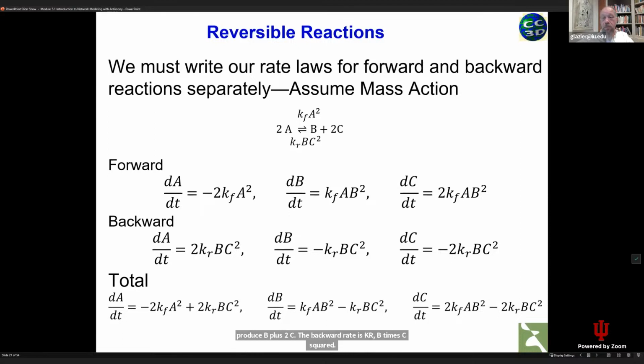I write the forward law for A, B, C, and the backward for A, B, C. I have to remember that for the forward rate, I consume 2 A's, I produce 1 B and 2 C's. And similarly, for the backward, I produce 2 A's, I consume 1 B, and I consume 2 C's. And I add everything up to get the net rates of reaction.